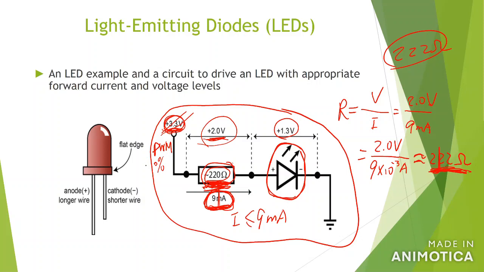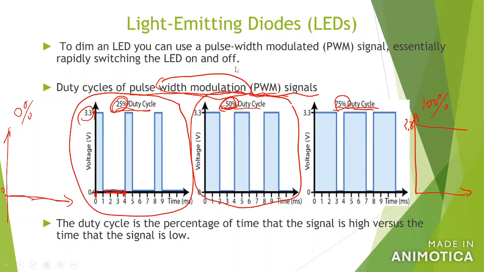If you output a 100% PWM signal on this line, the LED will be fully on. If you output a 70% PWM signal, the light intensity will be between fully on and fully off. That way you can dim the LED light.